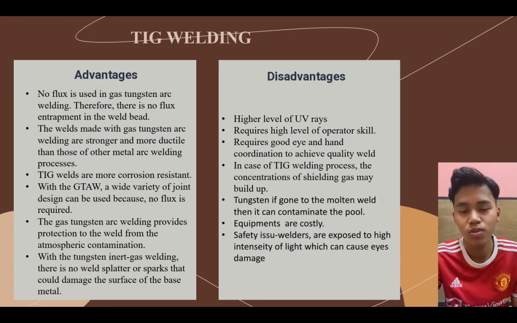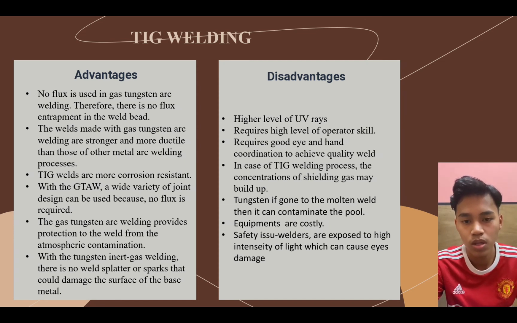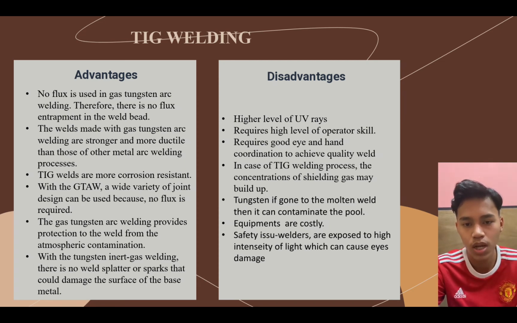So today I would like to talk about the advantages of GTAW. Number 1, no flux is used in gas tungsten arc welding. Therefore, there is no flux entrapment in the weld. Number 2, the welds made with gas tungsten arc welding are stronger and more ductile than those of other metal arc welding processes.